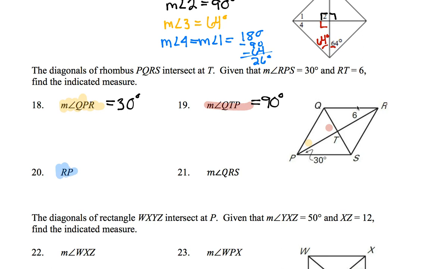RP will be 12 because the diagonals bisect each other. So 2 times 6 is 12.